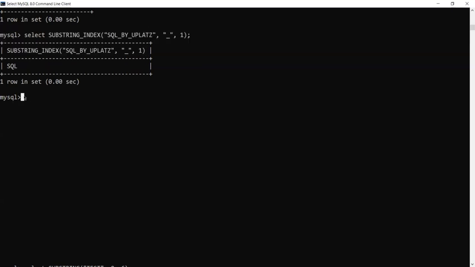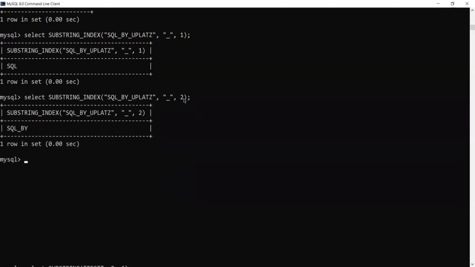Now what we have to do here is find different sections based on the delimiter. If I say 2, that means it wants both the sections that are divided by the first underscore.